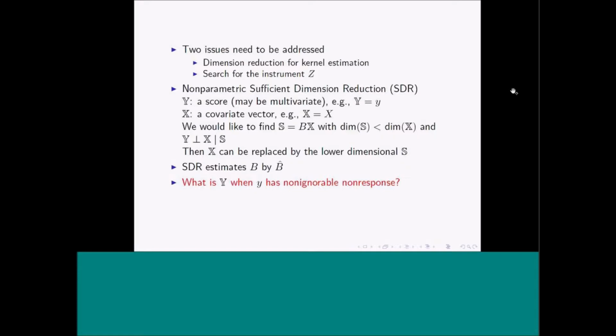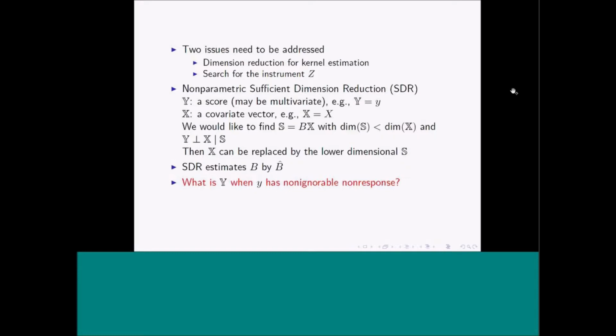Sufficient dimension reduction says that I want to find an S, which is a linear function of X. So it's B times X, where B is a matrix, such that the dimension of S is smaller than the dimension of X, and Y is independent of X given the summary S.